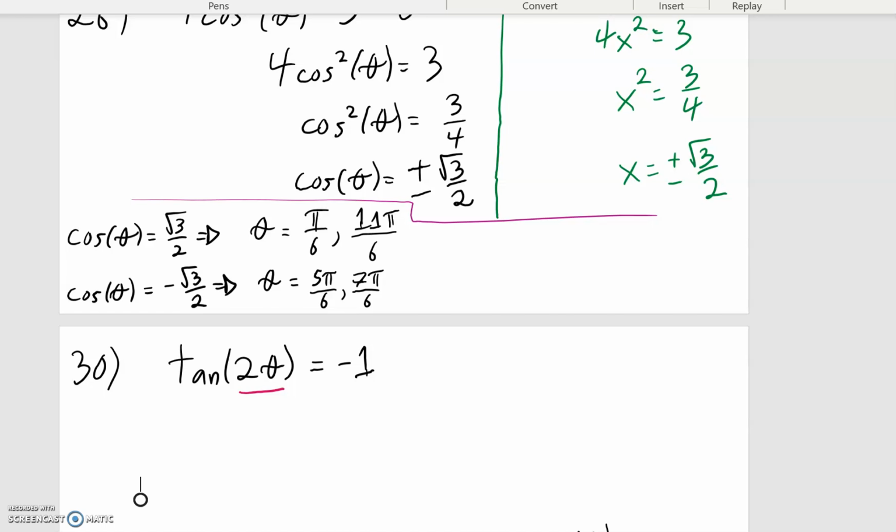Using trigonometry, the only times that tangent is equal to -1, if we just look for our variable being between 0 and 2 pi, this only happens at 3 pi over 4 and also 7 pi over 4.